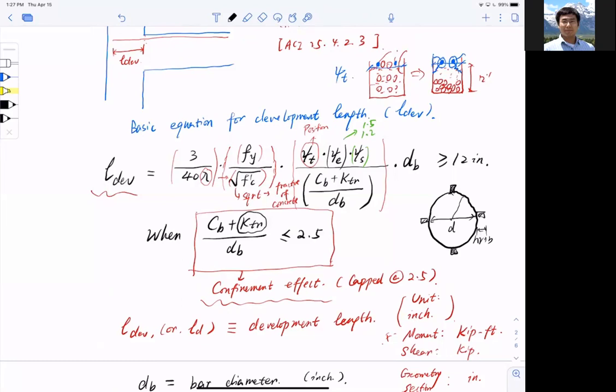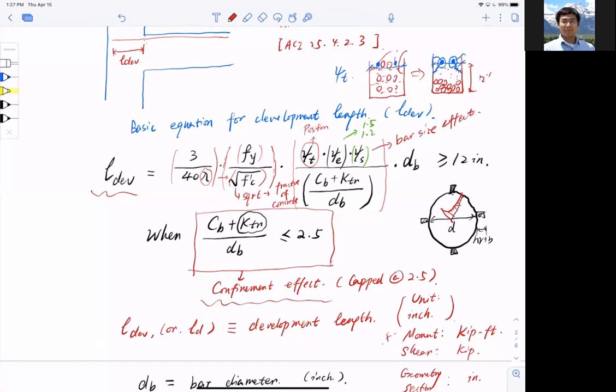If I draw the stress distribution in the bars, it roughly follows an exponential term. So when I have a bigger bar, it's more non-uniform, and it takes a little bit longer development length to build it up. So that's the bar size effect.